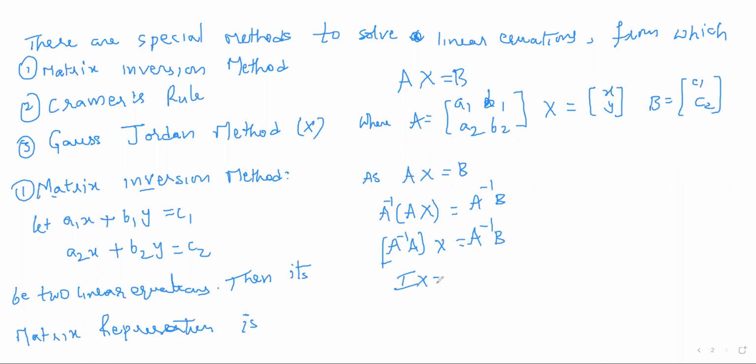Identity matrix into X is equal to A inverse B. Whenever you are multiplying any matrix with identity matrix, we get the original matrix only. That is, X is equal to A inverse B. This is the formula we are utilizing in matrix inversion method.